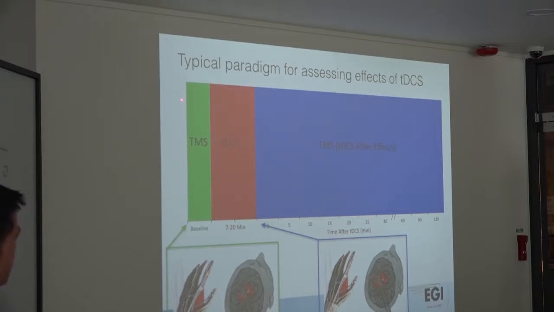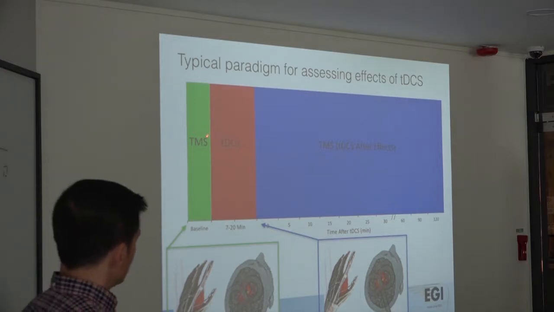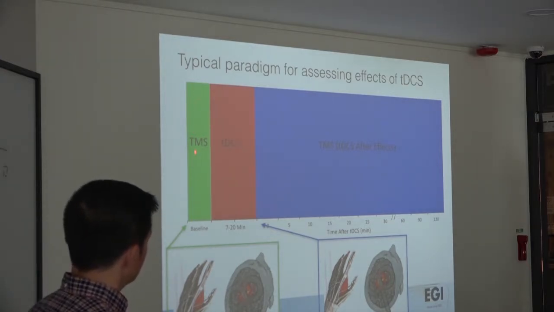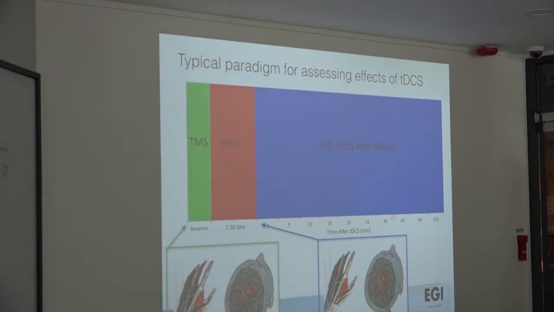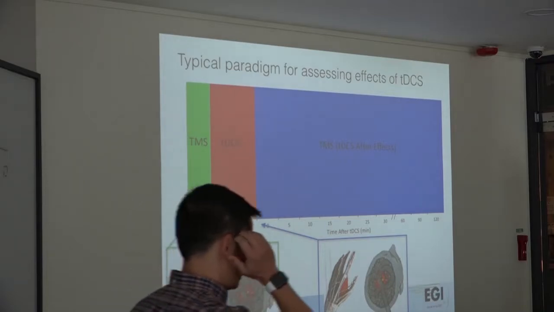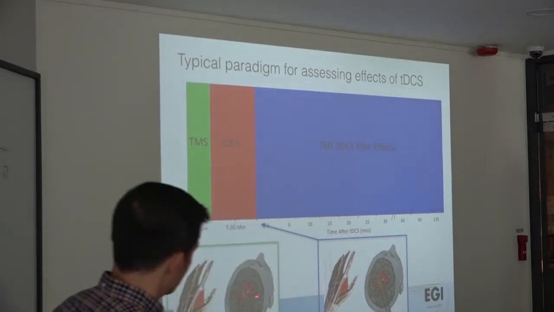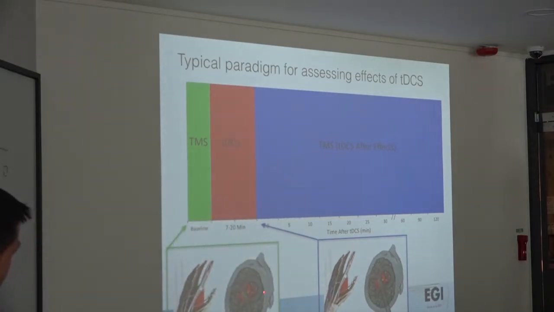It was rediscovered using this paradigm. So you have transcranial magnetic stimulation. Who here is familiar with TMS? Okay. So TMS essentially is this device here. So this is a TMS coil, and you pass current through these coils.